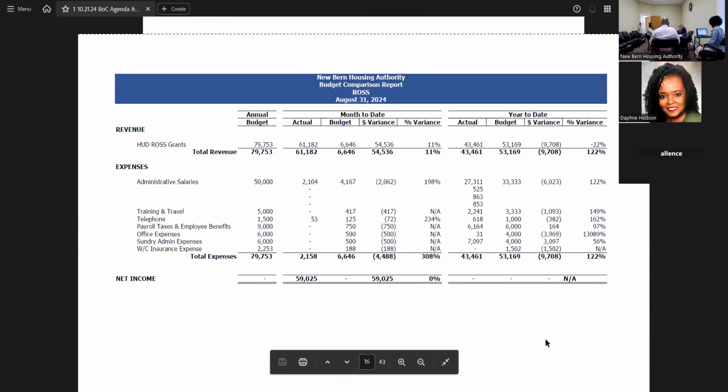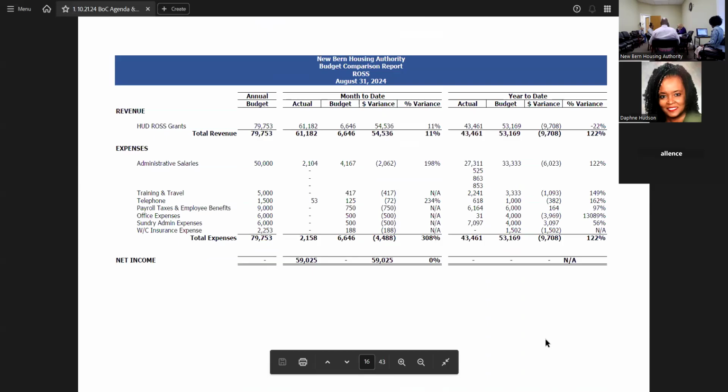And so pretty much what happened here for the Ross grant is that expenses equal revenue, so it should always be a net income of 0. Since entries weren't being made monthly to true up the expenses, I made them this month.